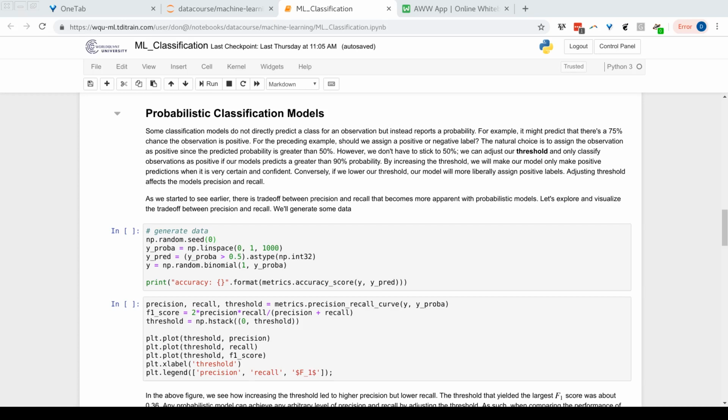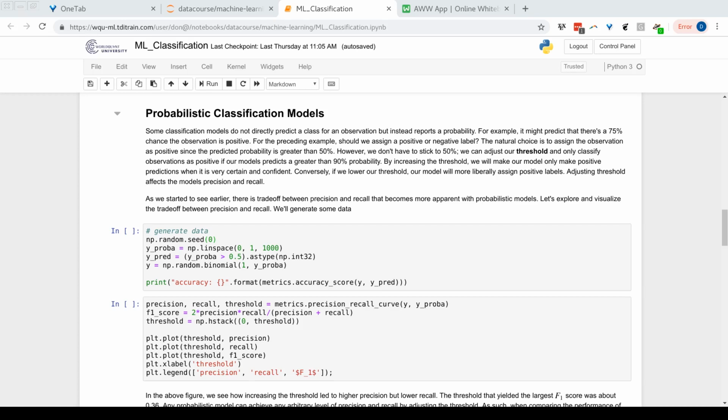So I'll have a pretty good chance to identify all the images of cats, but at the cost of saying things are cats that are not cats. So I'm going to have a lot of false positives in that case. So you can see this idea of the trade-off between precision and recall. We can see that trade-off directly by considering the threshold for a probabilistic model.